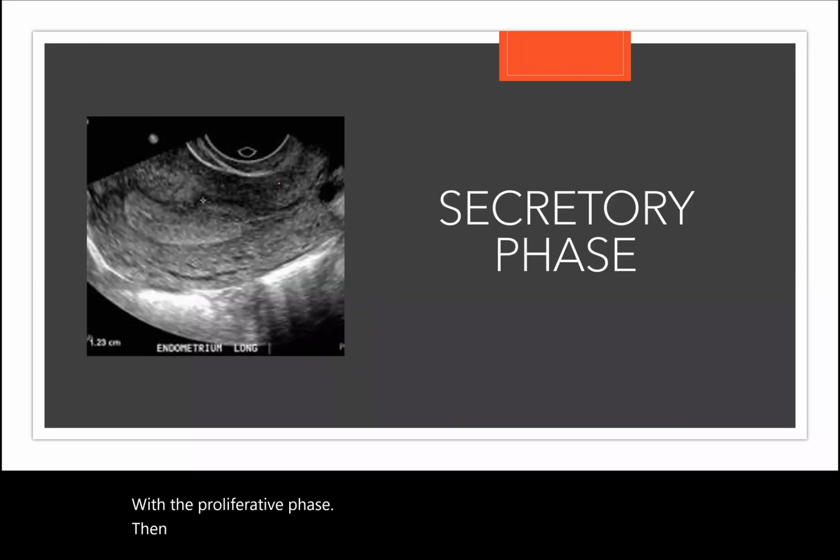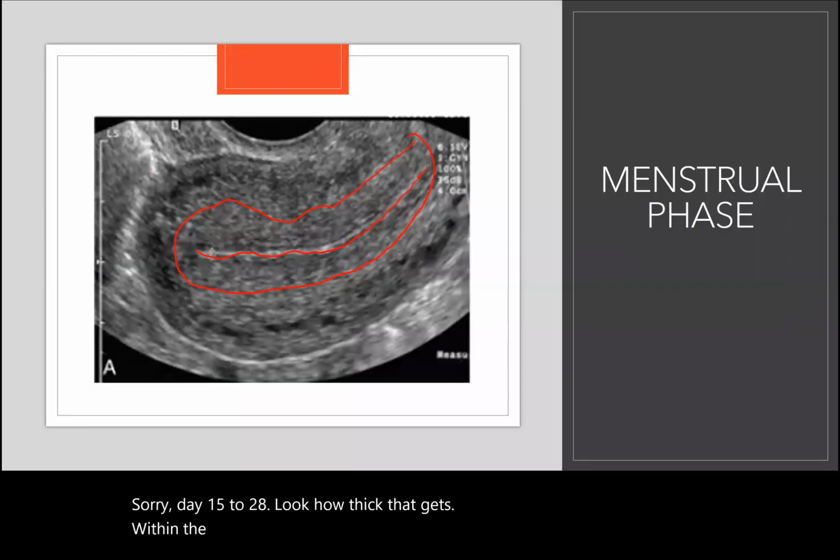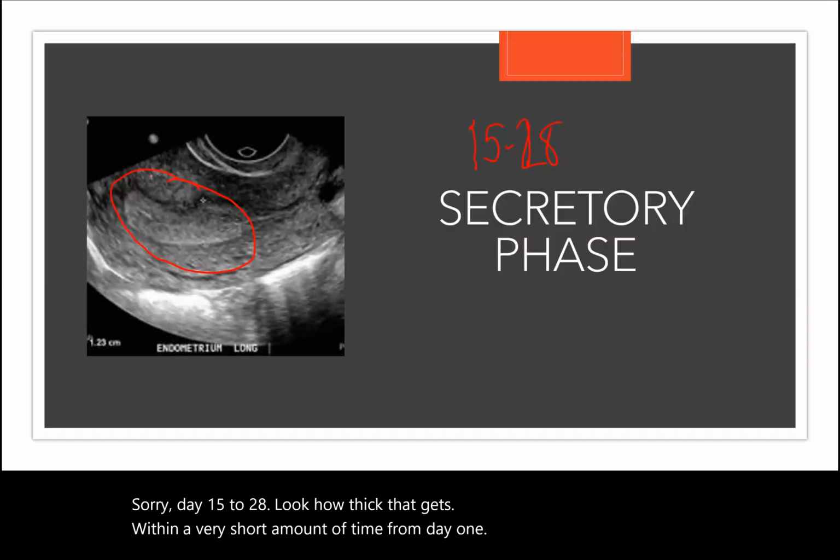Then around day 14, sorry, day 15 to 28, look how thick that gets within a very short amount of time, from day 1 to like day 15. Isn't that crazy how much it grows?